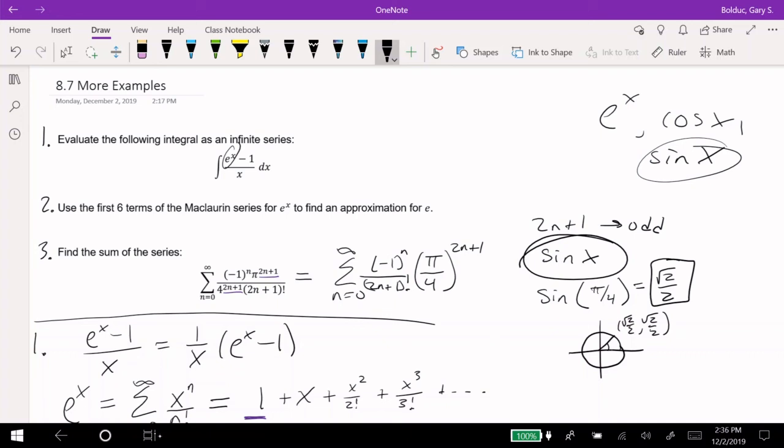There's a table in the book, I can't remember exactly what page it's on, but I put it in the notes, where it gives you a table of all the big ones. Arctan, the natural log, exponential, sine, cosine, just ones that are really helpful if you know them. Now you have the tools to recreate them on the exam, but there's going to be some that if you just have memorized, things will be a lot easier.